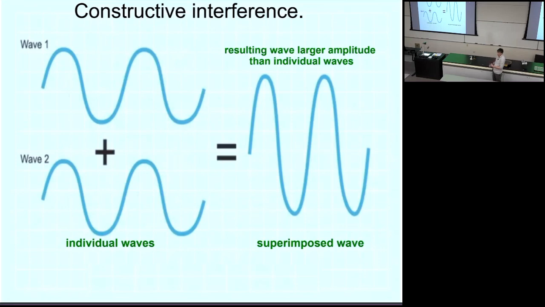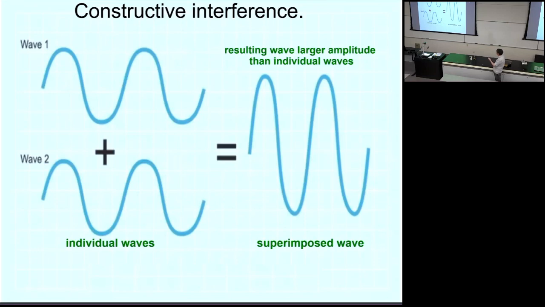And so that's how they interfere constructively to make a bigger crest. The trough of wave number one and the trough of wave number two combine together to make a deeper trough of the superimposed, the resulting wave. And so on and so forth.